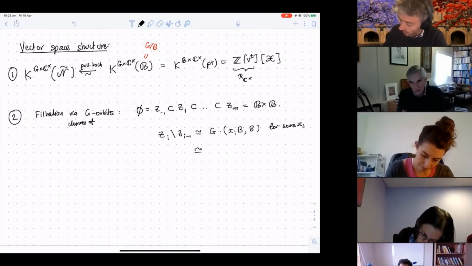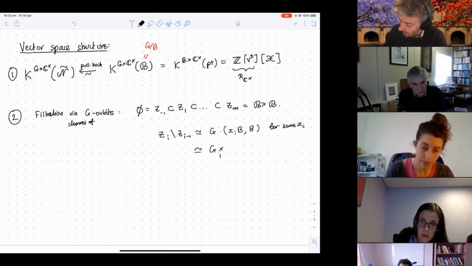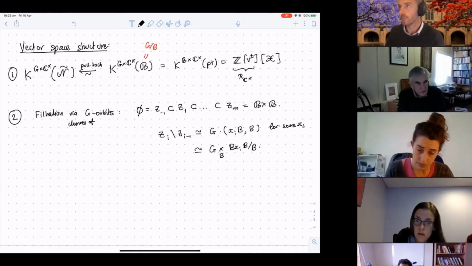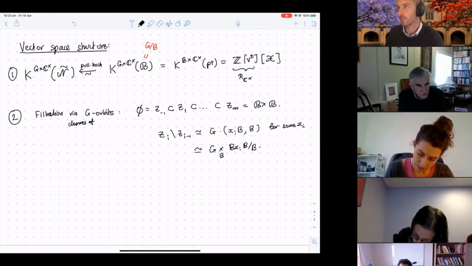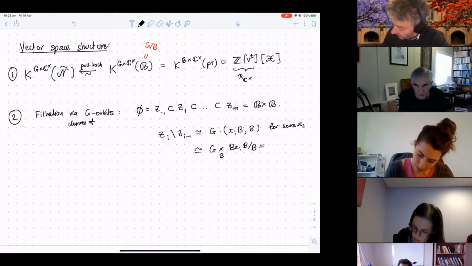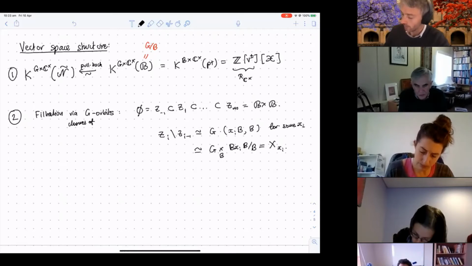And that's isomorphic to a balanced product over B of a Bruhat cell, which I want to call X sub xi. So this is a kind of Bruhat cell.